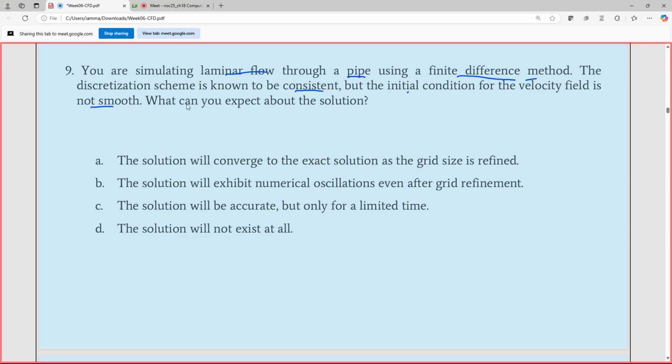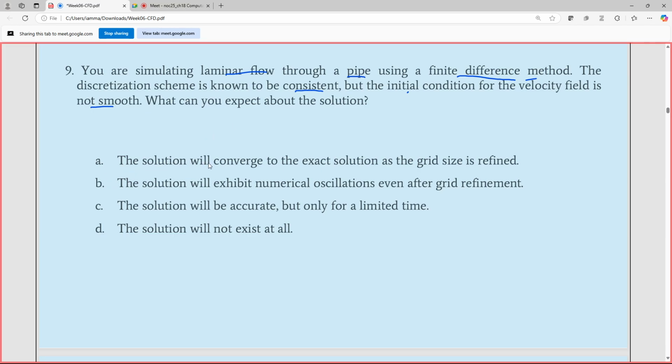It is a simple problem using a finite difference method, the scheme is consistent, but the initial condition is not smooth.